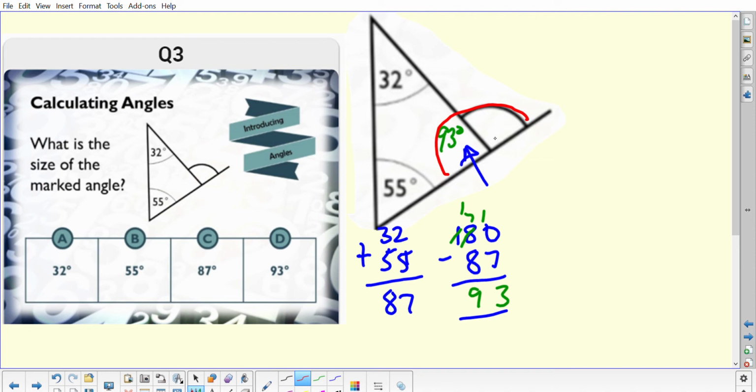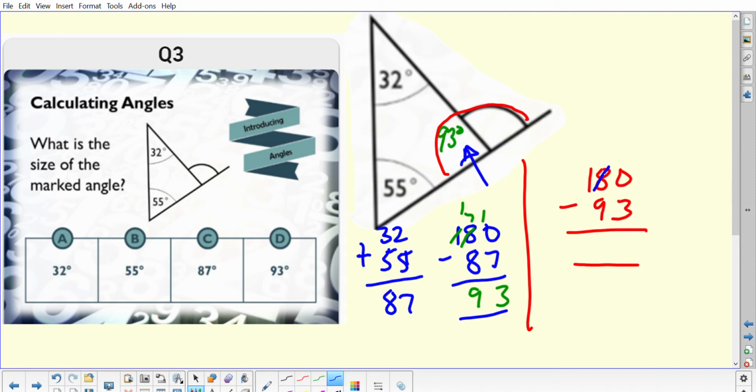These two angles here are making your straight angle, so if you do 180, take away your 93, you're then looking for your angle of 87, and that should have been answer C rather, for the missing angle. So that's this one in here.